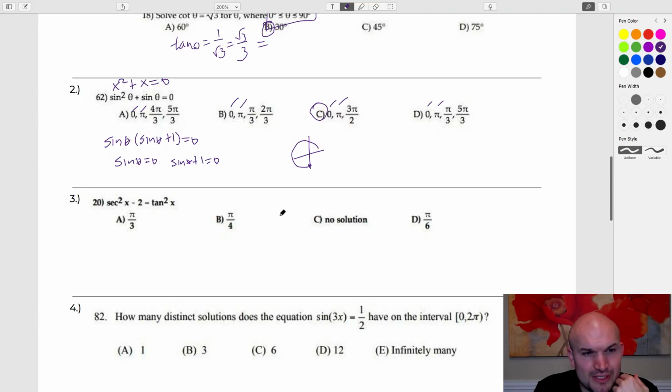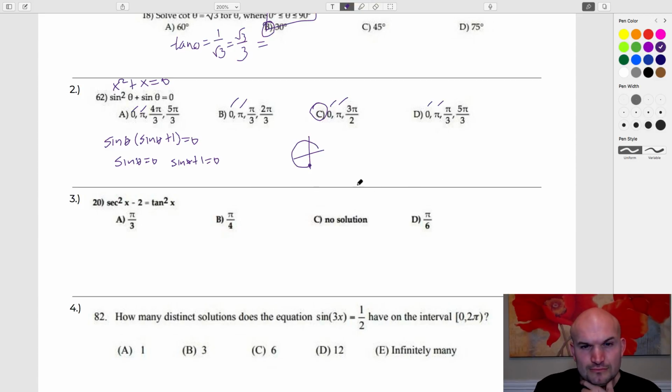All right, question number 3 here. This says secant squared of x minus 2 equals tangent squared of x. Now, I like this problem because, what do we do? We can't factor this or anything else. So what are we going to do here? Well, remember, we can use our Pythagorean identities. If we see a trigonometric function squared, why don't we write this in terms of a single trigonometric function?